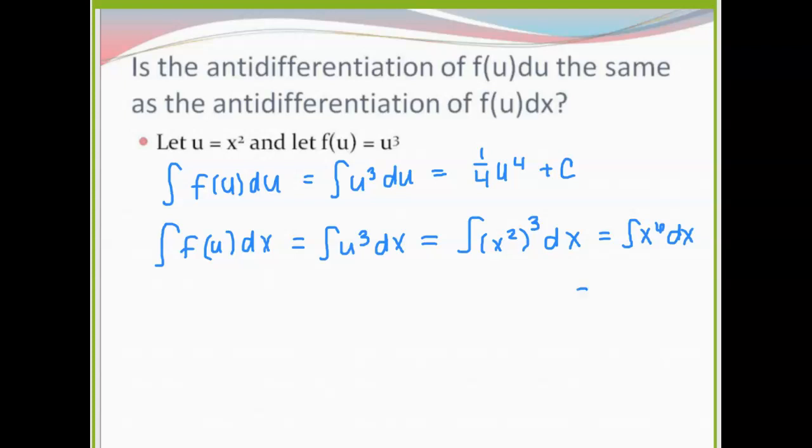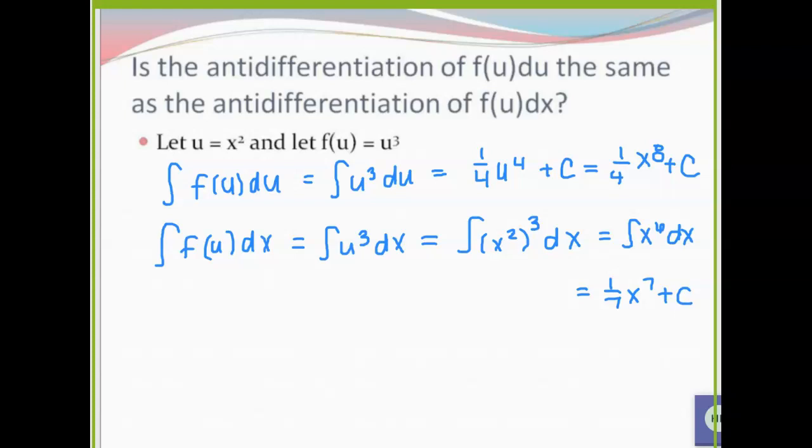So then that becomes 1/7 x to the 7th plus c. And if I made this x squared instead of u, that would be like 1/4 x squared to the 4th, which would be x to the 8th plus c.